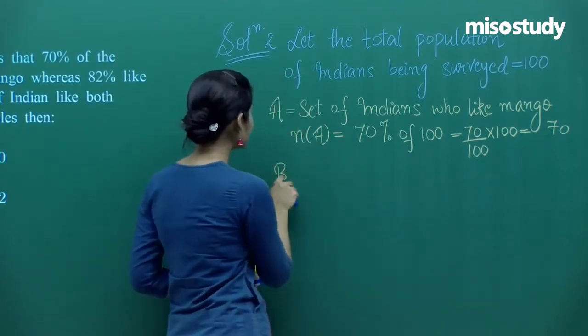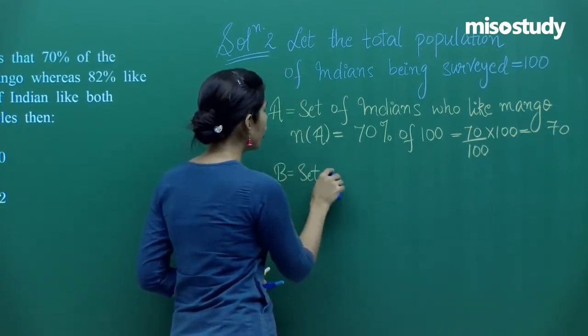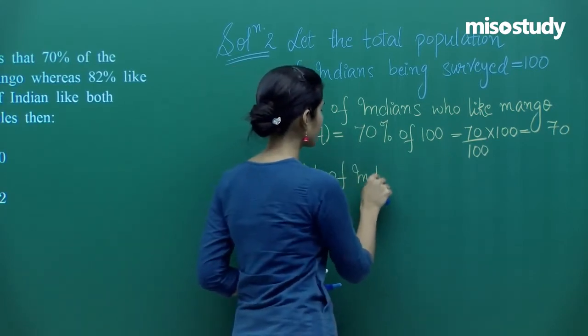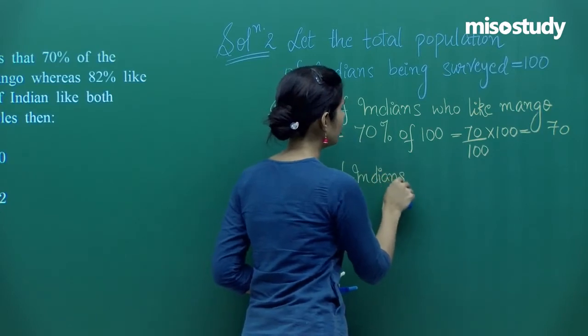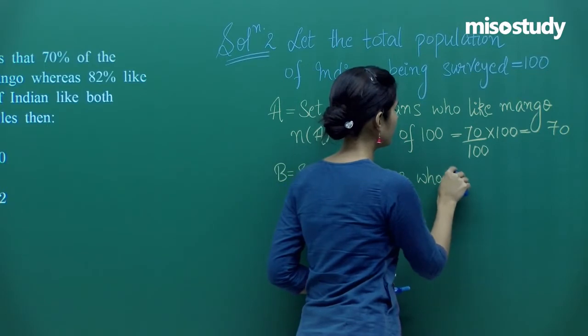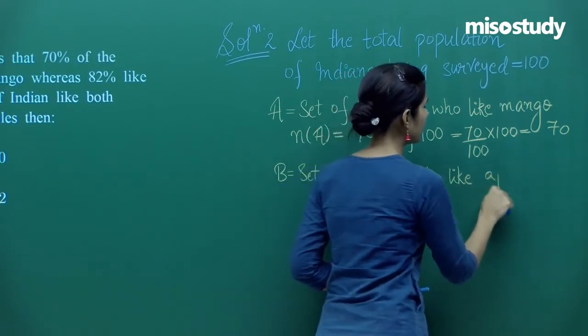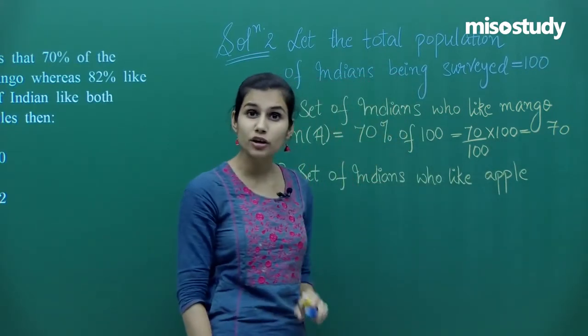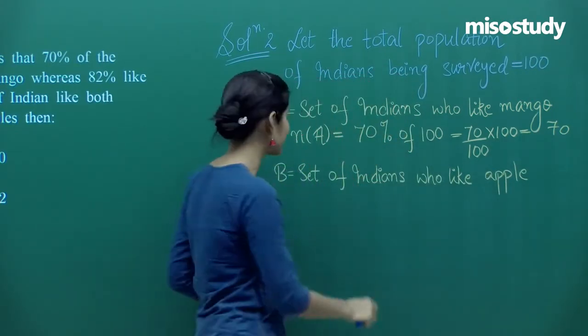Similarly, if I make the set B to be the set of all Indians who like apple, in that case, what is the number of such apple liking Indians?